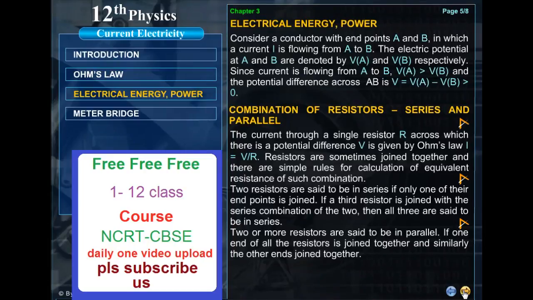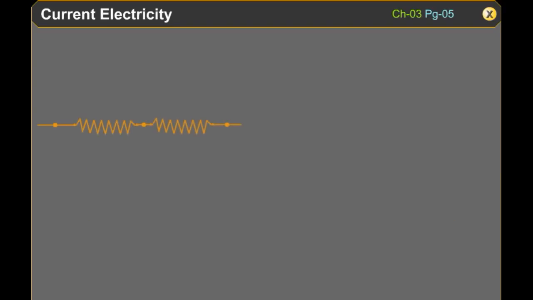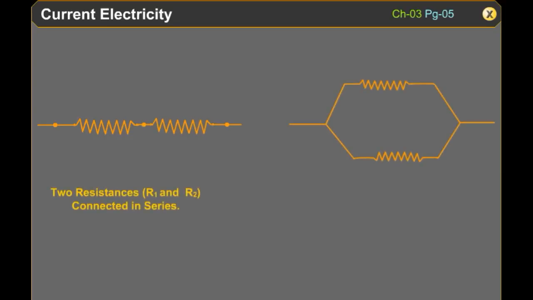Combination of resistors in series and parallel. When two or more resistors are connected end to end consecutively, they are said to be connected in series. Two resistances R1 and R2 which are connected in series.